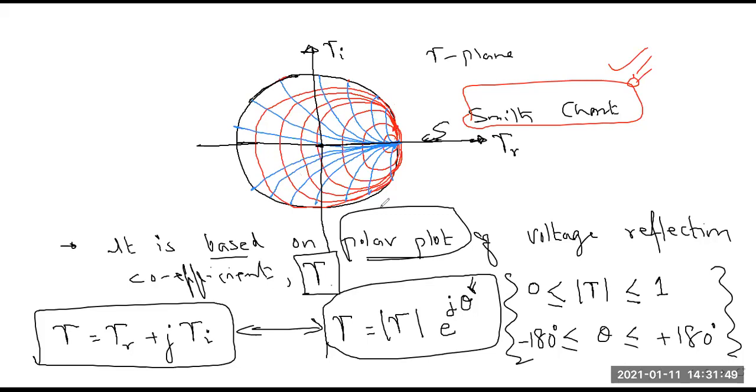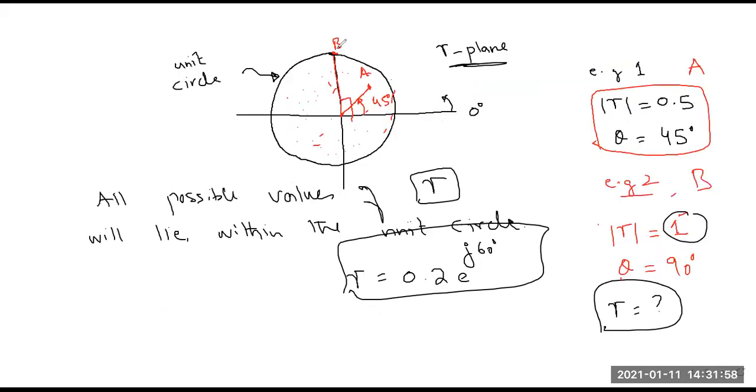Now, what is the advantage of the Smith chart? Just plotting the reflection coefficient on the gamma plane is not that much useful for us. So what is the main point? Let me write it down and then I will explain it.